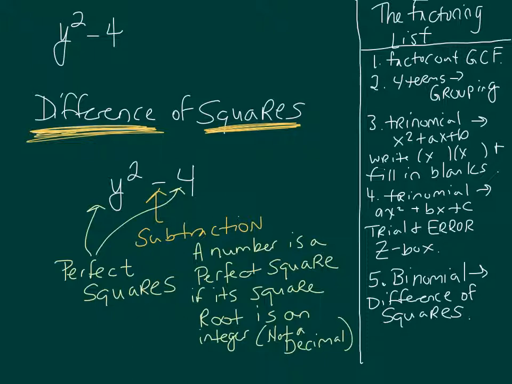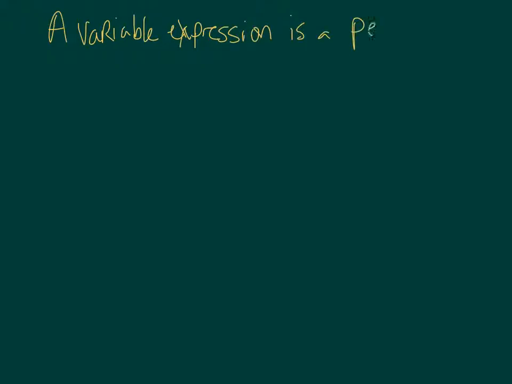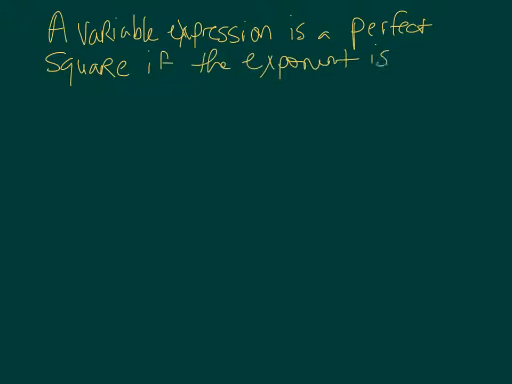Okay, a variable expression is a perfect square if the exponent is even.